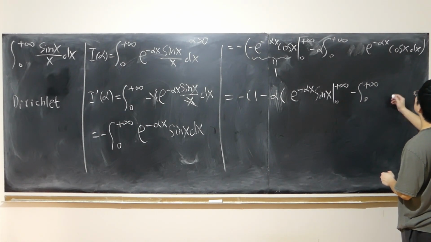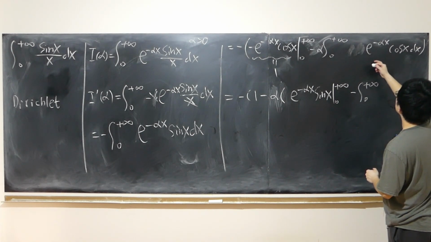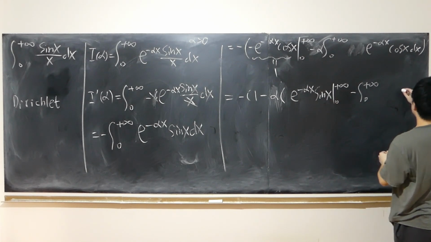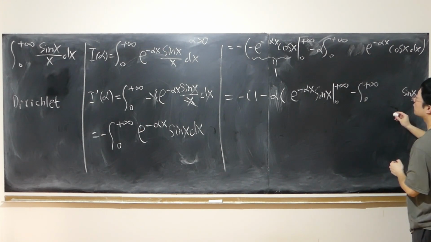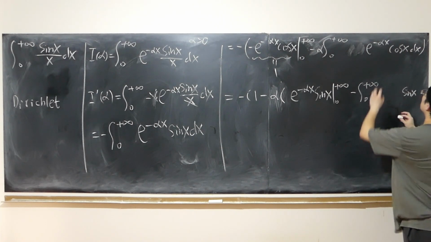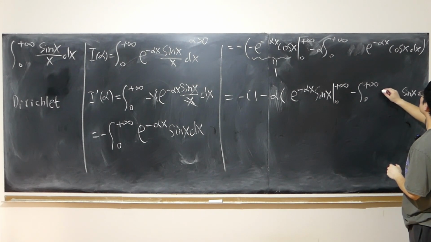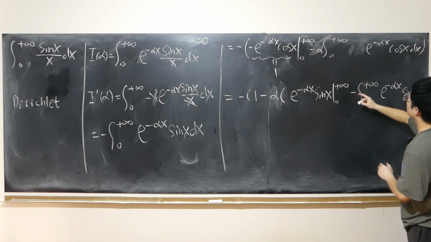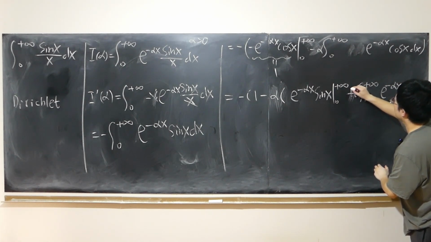This time, copy down sine x, then differentiate this: minus alpha times e to the negative alpha x, so minus alpha coming out becomes plus alpha, if I'm not mistaken.